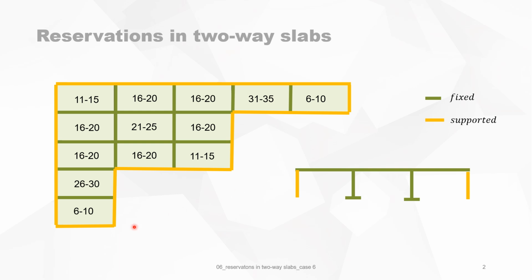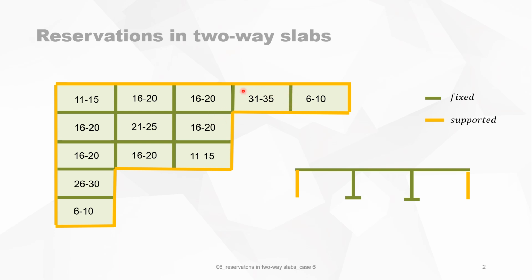On this plan view, schematically, you will see one continuous concrete slab, which is simply supported on the edges, which is in orange, and its fixed support with beams, for instance, or walls, which is the dark green.